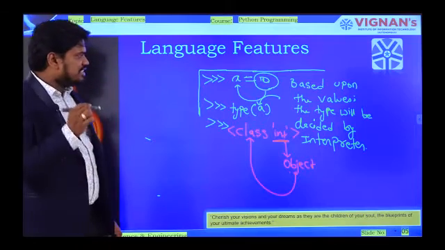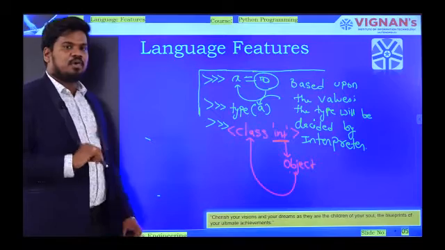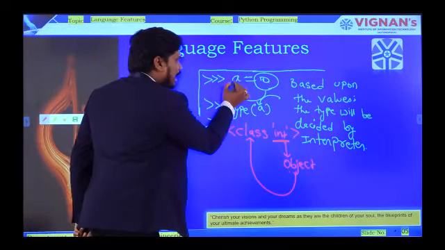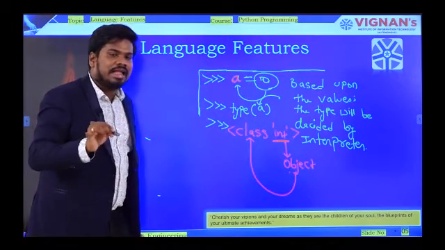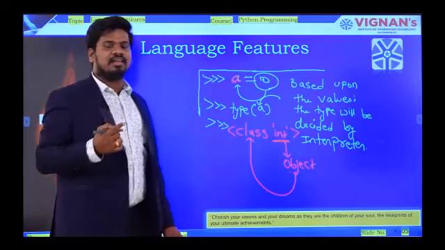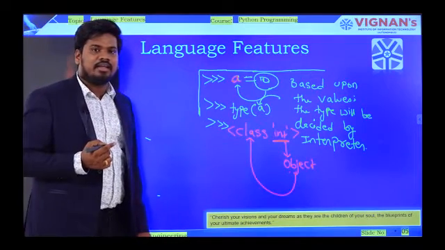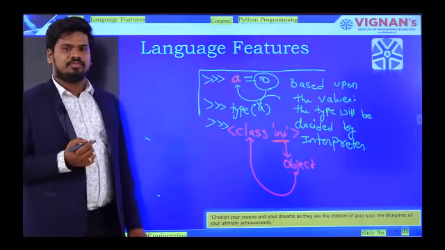And coming to the next important point, in Python programming, here I have not declared any data type. That is the first reason why Python is called a dynamically and strongly typed programming language.